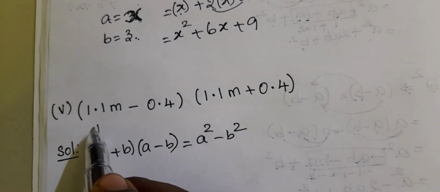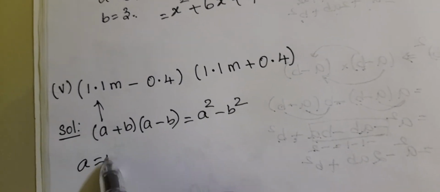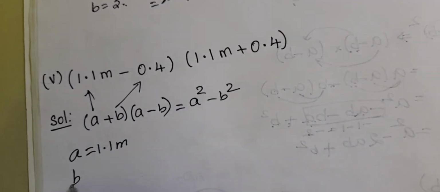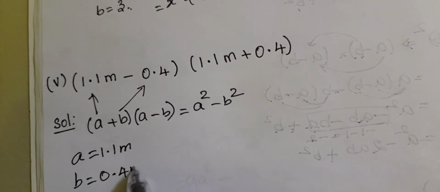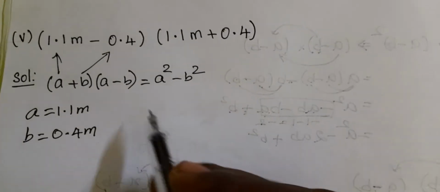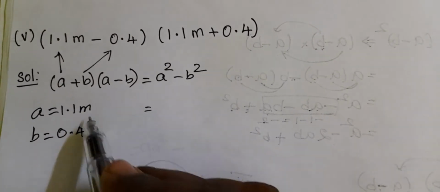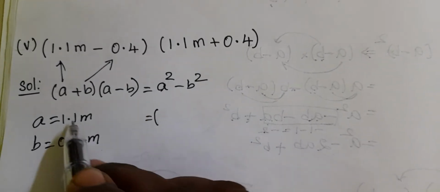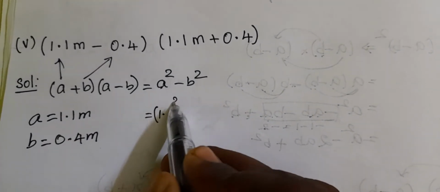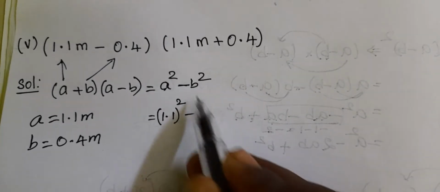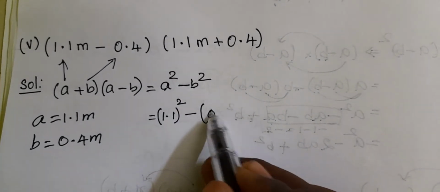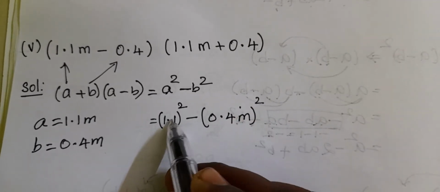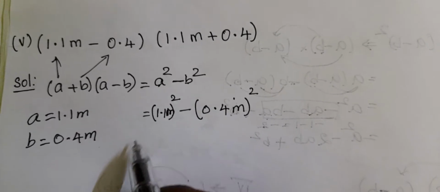Here, instead of a we are going to use 1.1m. Instead of b we are going to use 0.4m. Now let us substitute the a, b values in the expansion of a plus b into a minus b. First a square, so 1.1m whole square, minus b square, means 0.4m whole square.